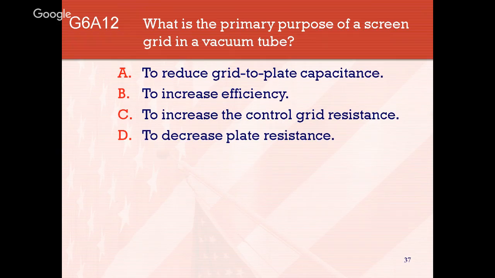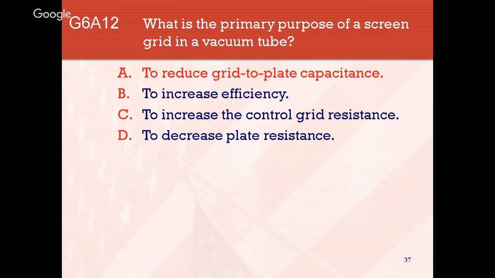What is the primary purpose of a screen grid in a vacuum tube? Again, your screen grid has a specific function in that it wants to reduce your grid to plate capacitance. Think of that as, between the grid and plate, there's a certain distance that creates a capacitance.